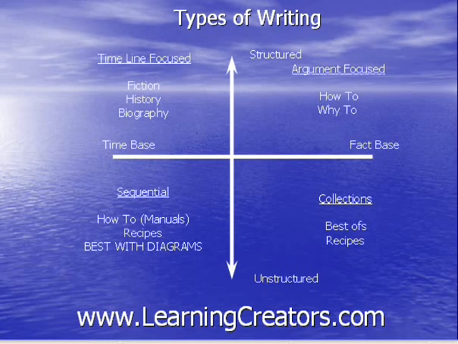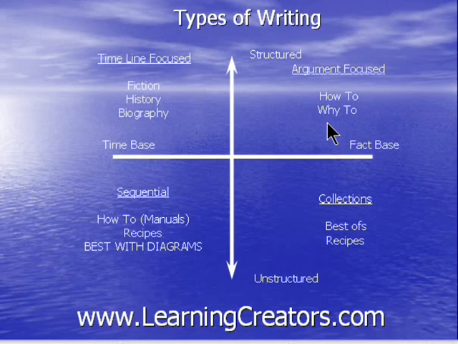Now here's the kicker. With these, they're both oriented towards smaller groups, although collections by definition isn't. And as a result, they need to adopt one of these two structures, because they have to be put into structure or your reader's not going to consider it to be useful. They're just not going to accept what they're reading.